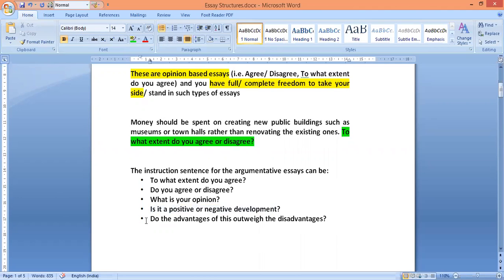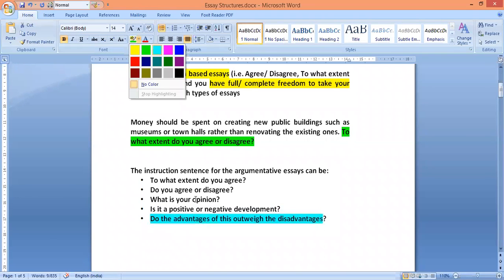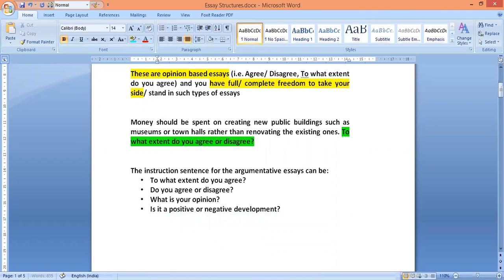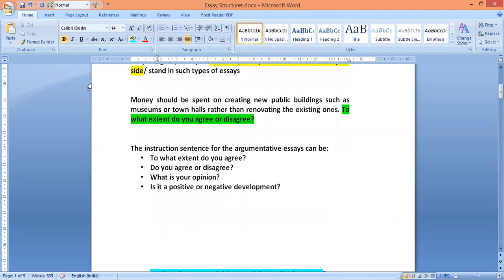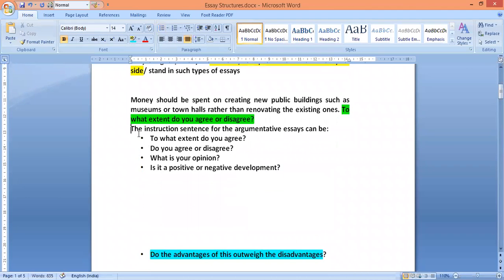In only this particular question, it has an opinion definitely, but I suggest you need to discuss both the advantages and disadvantages, and then in BP1, we'll discuss how to structure all this. We'll talk about it separately.